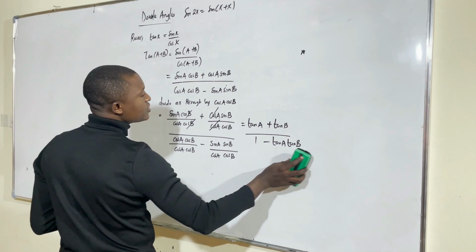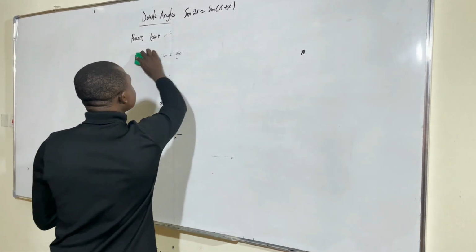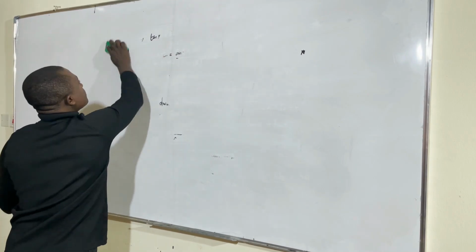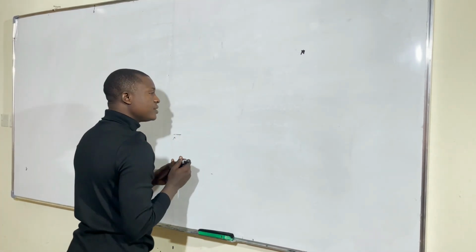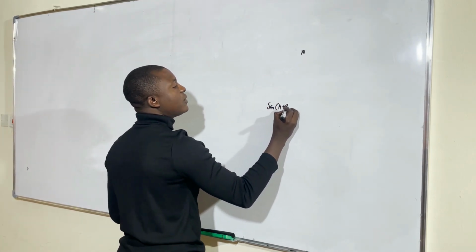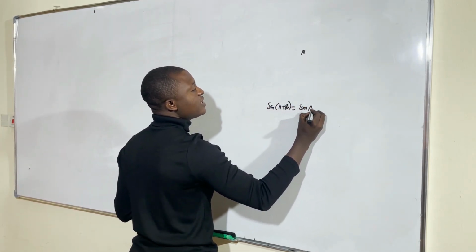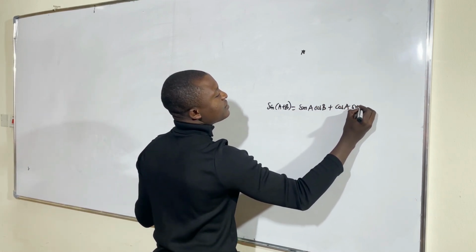Let's list them somewhere so that you're using them one after the other. Let me just put it here. If I have sine A plus B, that one is nothing but sine A cos B plus cos A sine B, right?